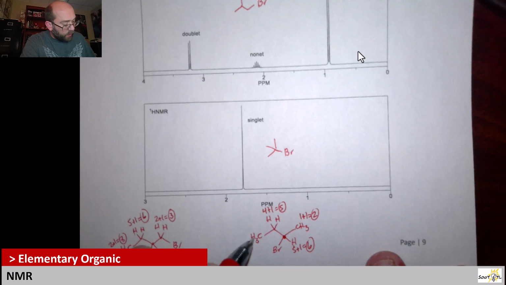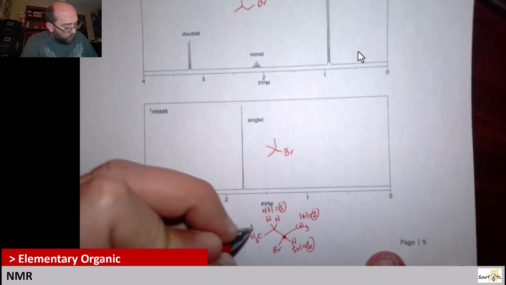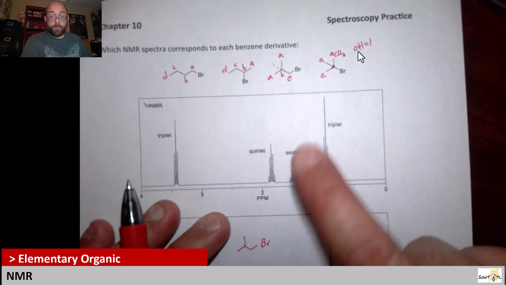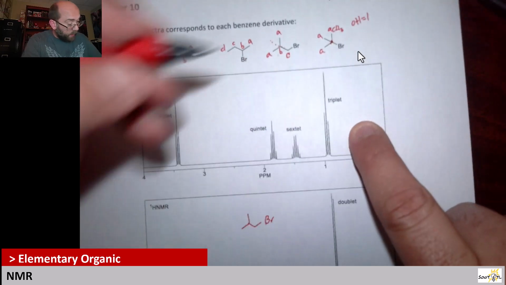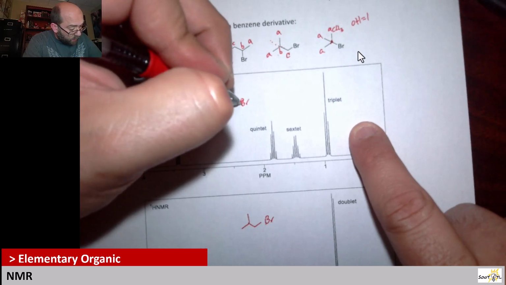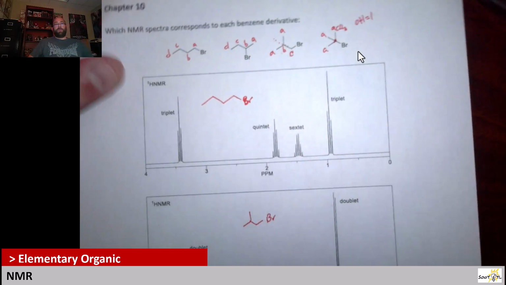And then these three have 2 neighbors, so that'd be 2 plus 1 or a triplet. So the big difference here is one of these had 2 triplets and one of them had a triplet and a doublet. So the fact that I've got the 2 triplets here makes me think that this is my product. Or, sorry, not my product, but this is the compound for my spectra.